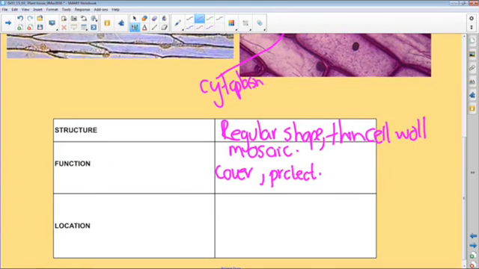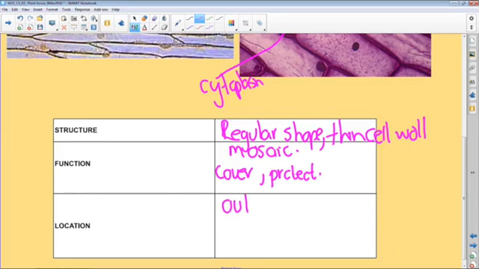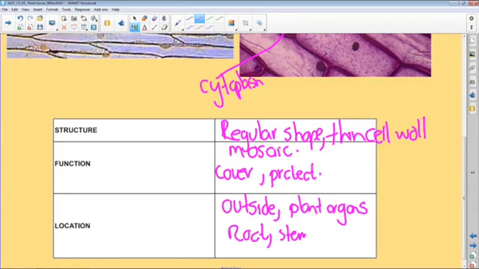The location, where am I going to find it? The location, a plant is going to need an epidermis from the root all the way to the leaf. Okay, so where am I going to see it? I'm going to find it on the outside of plant organs. Okay, so that's my root, my stem, and my leaf.